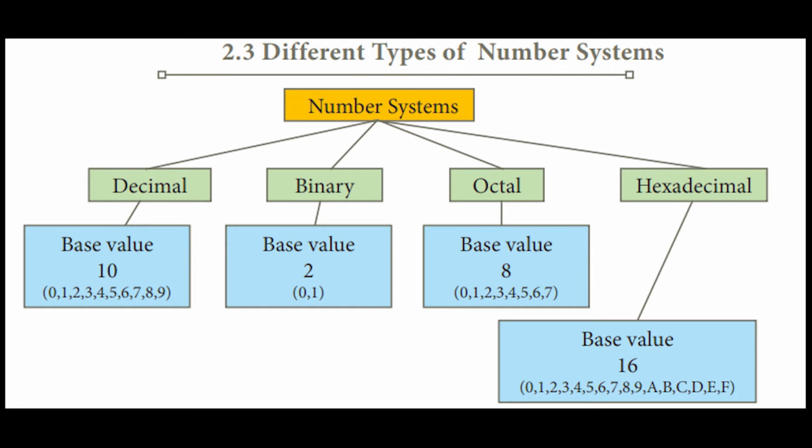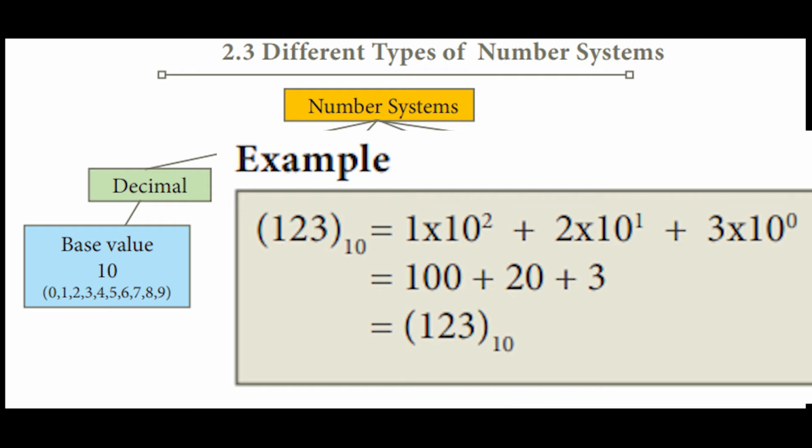In this number system, each decimal digit is weighed relative to its position in the number, right? That means each digit in this number is multiplied by 10 to the power corresponding to that digit's position, right? We'll see an example here, 123.